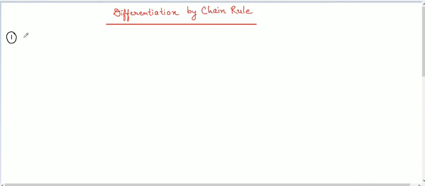So first, if we have the function y equal to x to the power n, where n belongs to natural numbers, then we have to differentiate y equal to x to the power n. So we write dy over dx.